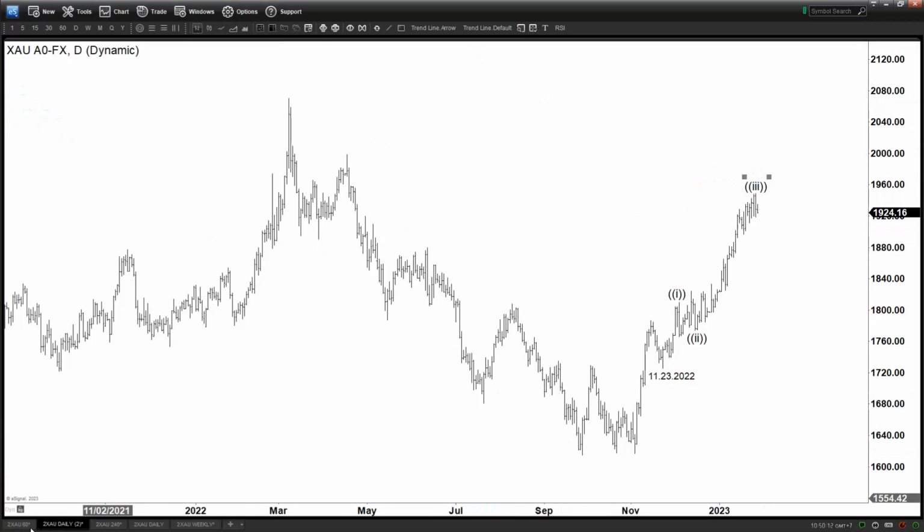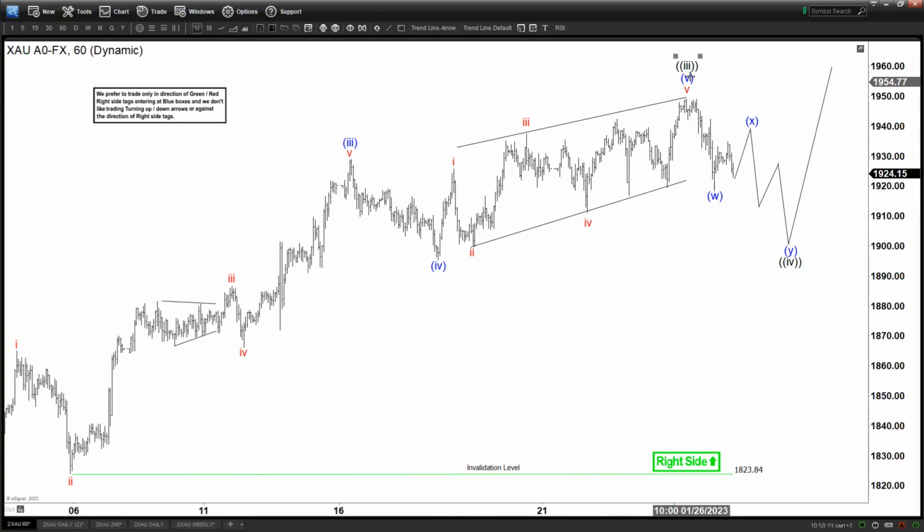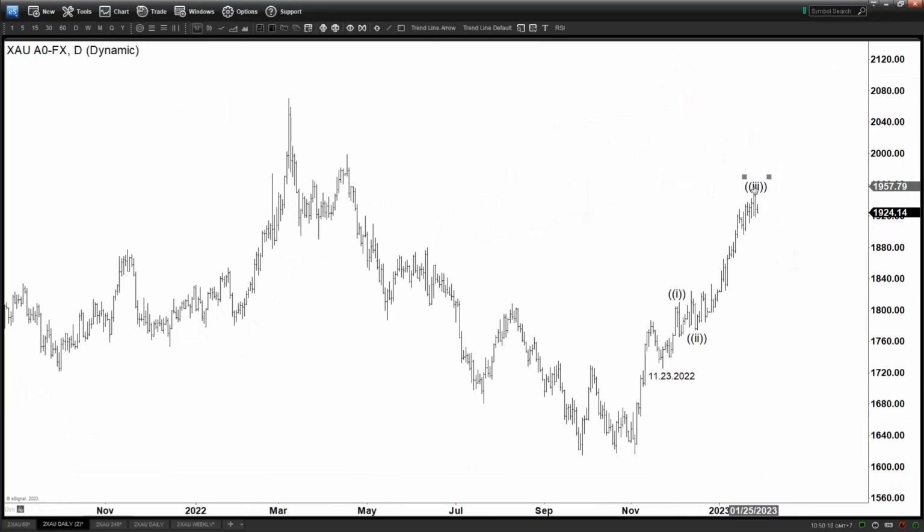Alright, so you can see the top here is being labeled as wave 3. I go to the daily time frame. This is the wave 3 right here. So you can see based on this structure here, the position of the 1 and the 2, and how you get a clear extension here. It looks impulsive for sure, which is your wave 3 here.